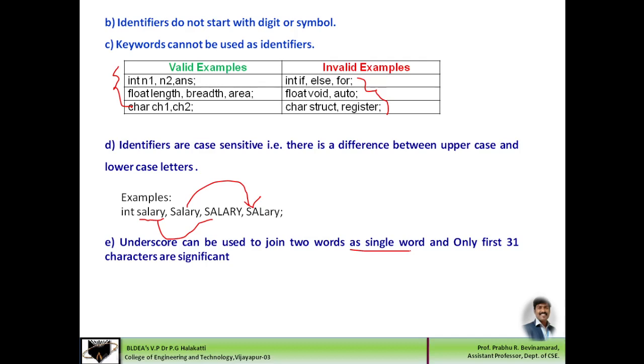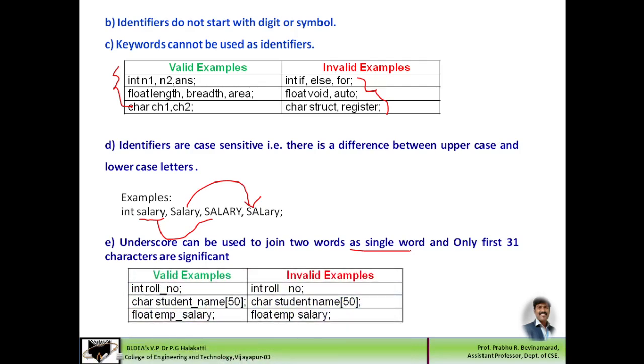Otherwise it is treated as invalid. And only the first 31 characters are significant in a C program. If we take an identifier name having 50 or 55 characters, then only the first 31 characters are valid.